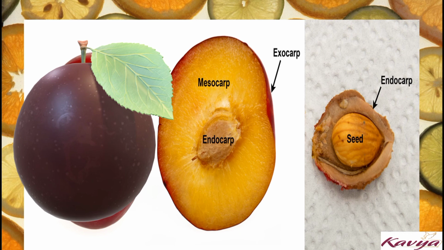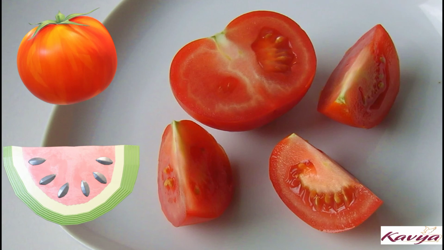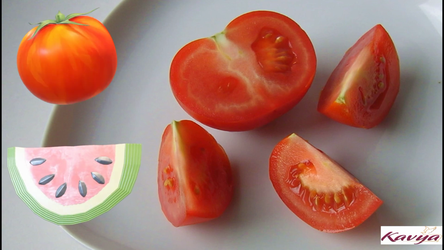So the exocarp, the mesocarp and the endocarp all make up the fruit wall. A fruit can have more than one seed, like in papaya, tomato, watermelon, etc.